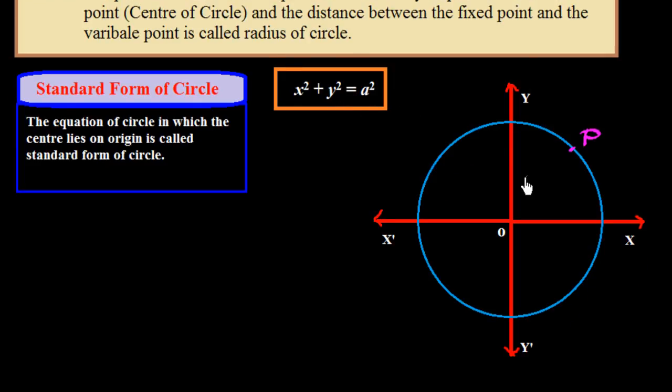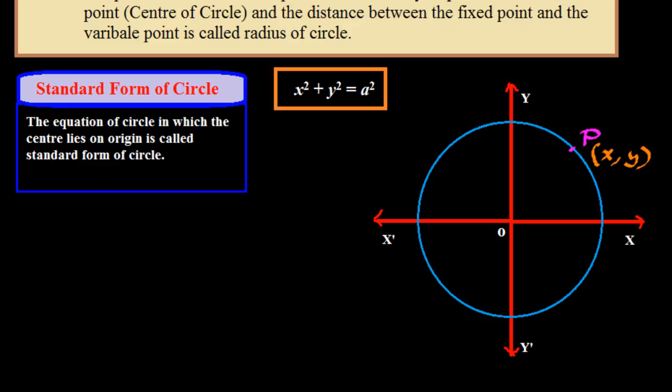Now I would like to explain how we get this equation. Look at here, this is our x-axis, this is our y-axis, this is our origin, and this is our circle for which we have to find the equation. This is the variable point P. We assume the coordinates of the variable point are x and y, and the radius of the circle is a.